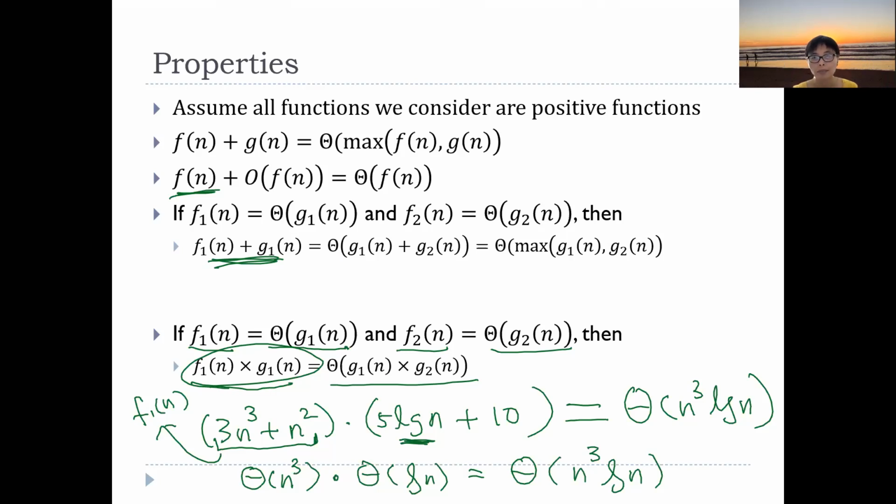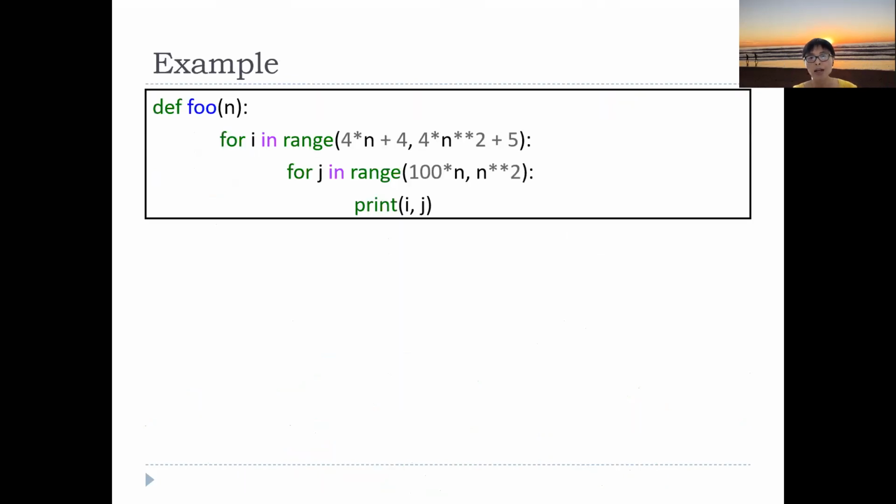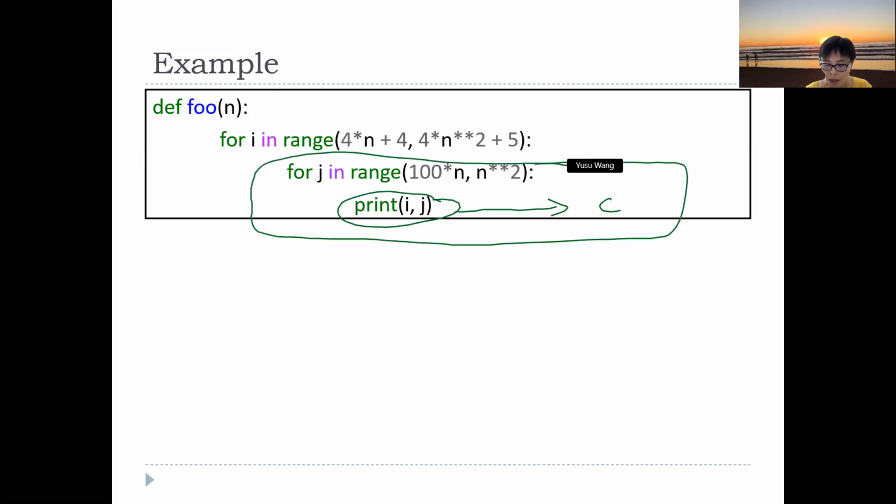All right. So here's just another example. If I ask you to analyze the time complexity of this algorithm, you recognize this takes constant time, and how much does the inner loop take? Well, the iteration takes c times n squared minus 100n, because that's the number of iterations.